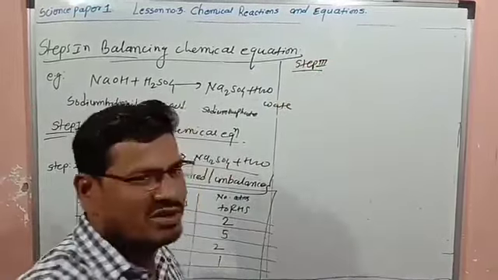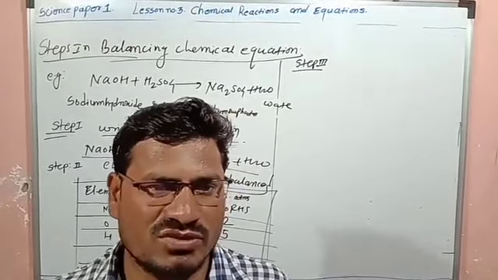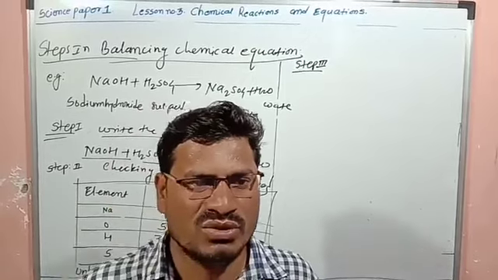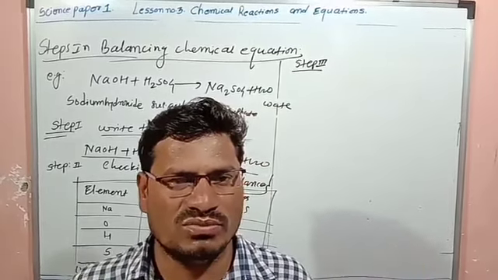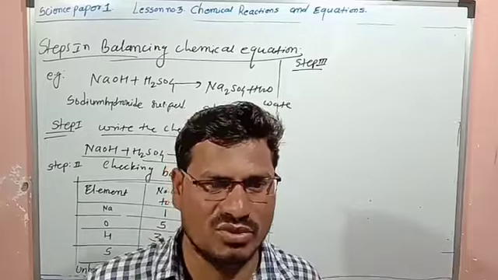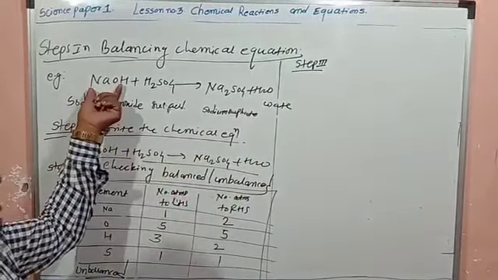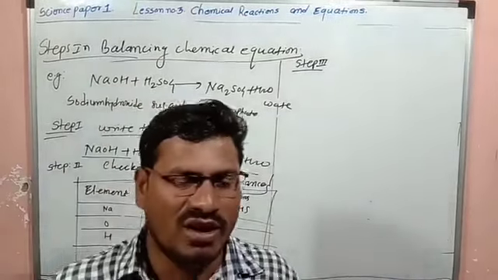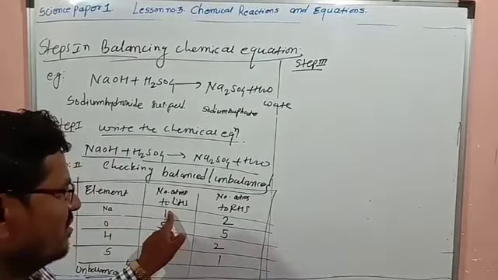In step number 3, you have to choose atoms which will be balanced easily, and you have to choose the atoms from the molecule which has more atoms. Here you can choose NaOH or H2SO4, and it is convenient to balance the sodium because here 2 is there and here 1 is there.